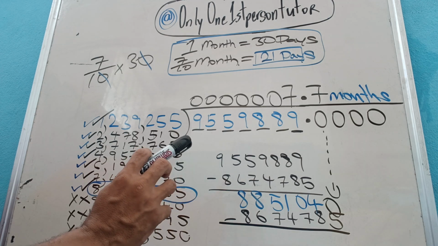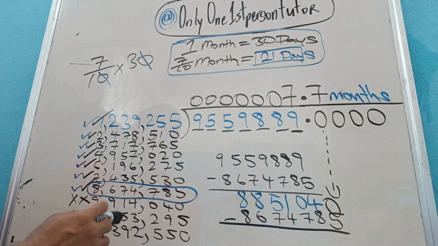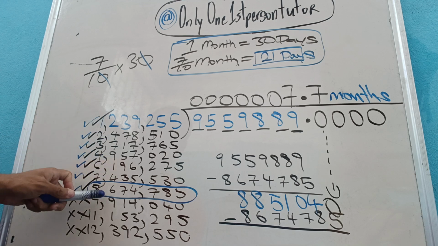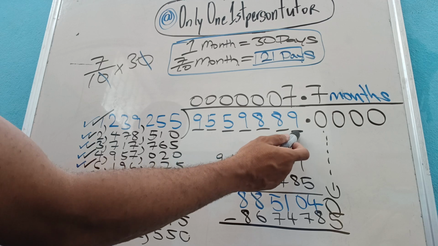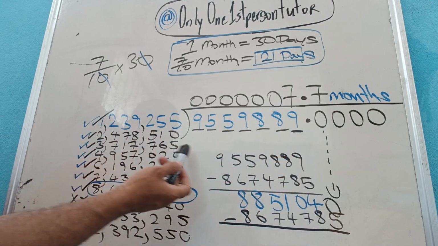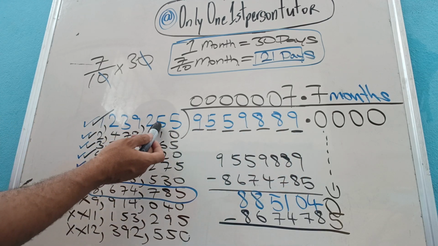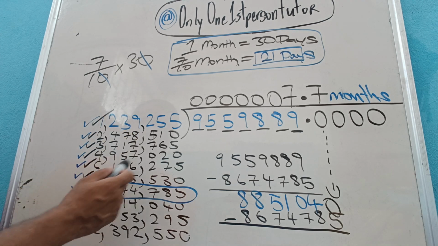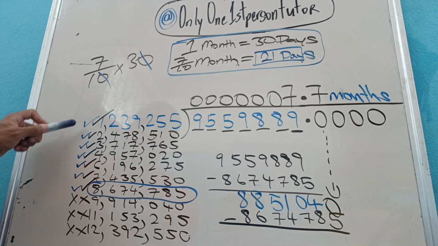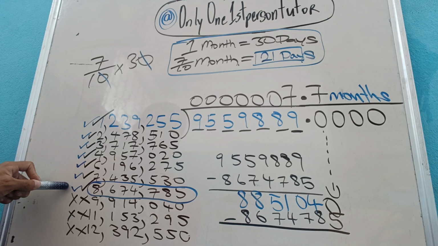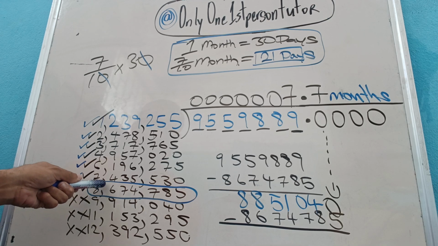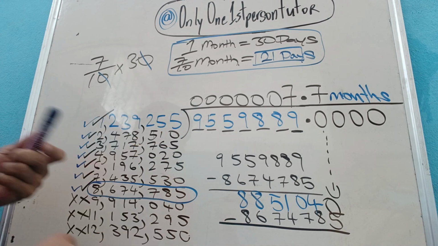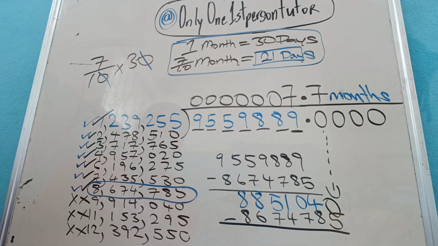So imagine that you're combining the use of repeated addition, right? You're using place value. Then when you find the value that is greater than this amount, you start counting to see how many multiples of this number can fit within this one, right? So we counted, we had 1, 2, 3, 4, 5, 6, 7, and we put the 7 up there. Now we have to subtract it from this amount to see what amount is left over, right?